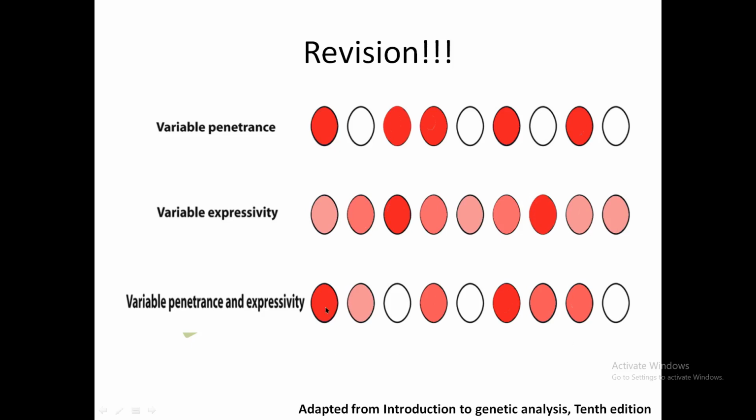So, here you can see that there are different individuals having different phenotypic expressions of a particular trait. So, they are showing gradation of the particular phenotype, and also there are some individuals which are not expressing that particular trait. So this is the case of variable penetrance and expressivity.